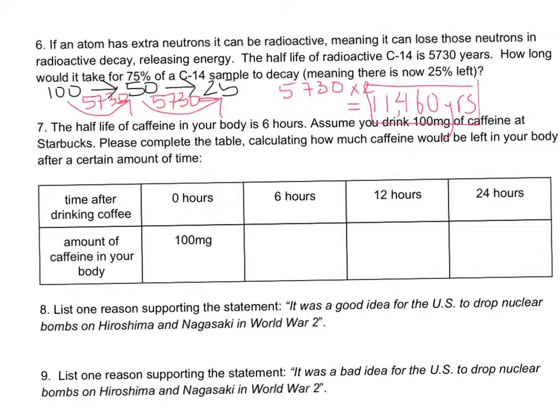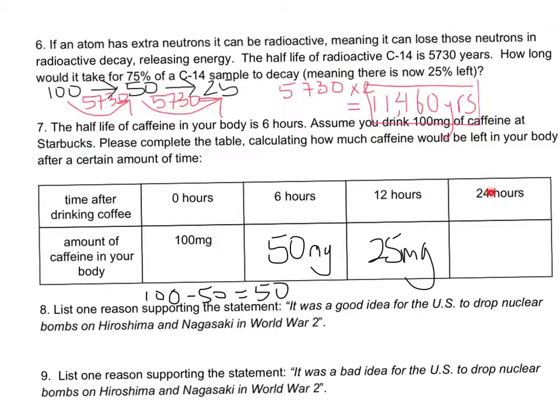So half of 100 is 50, so you would now have 50 milligrams left, because 100 minus 50 is 50. Okay, so this is the amount that disappears, this is the amount that's left. So this is how much you have left. After another 6 hours, half of this will disappear, so 25 disappears, leaving you with 25 milligrams left over.